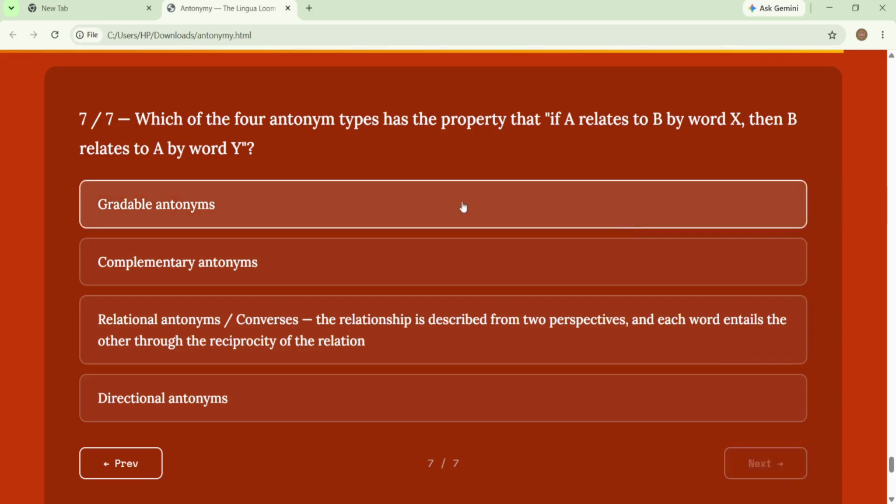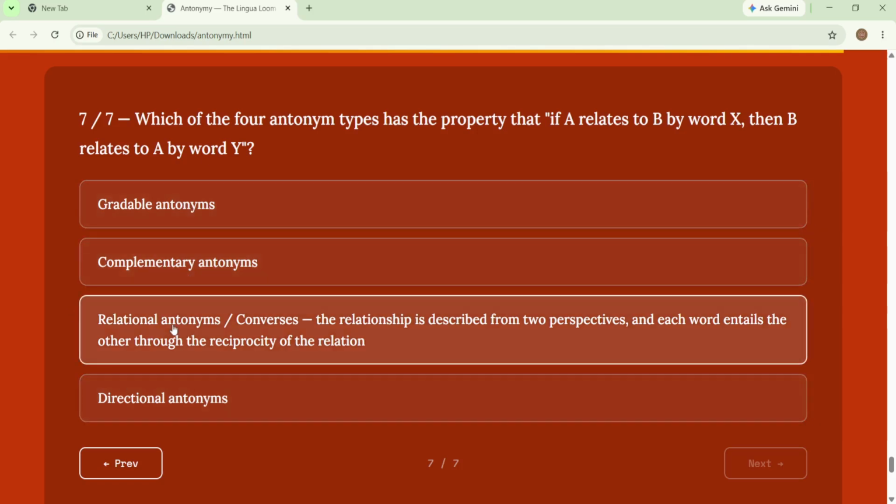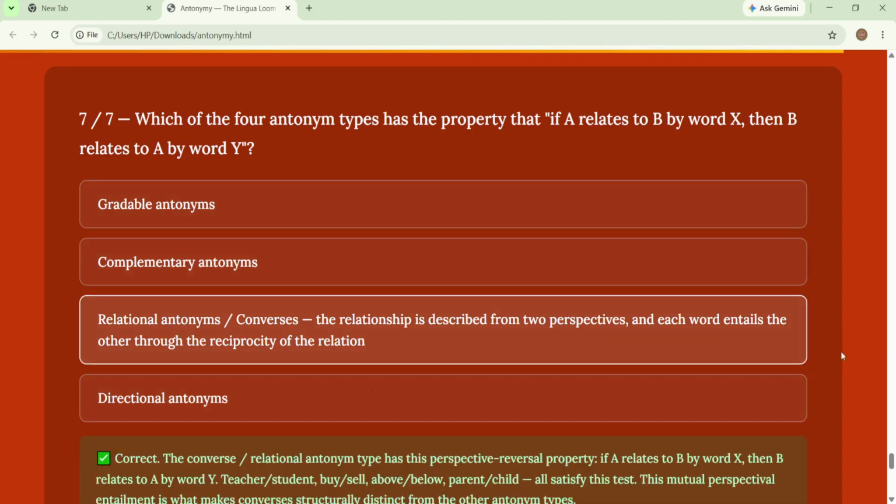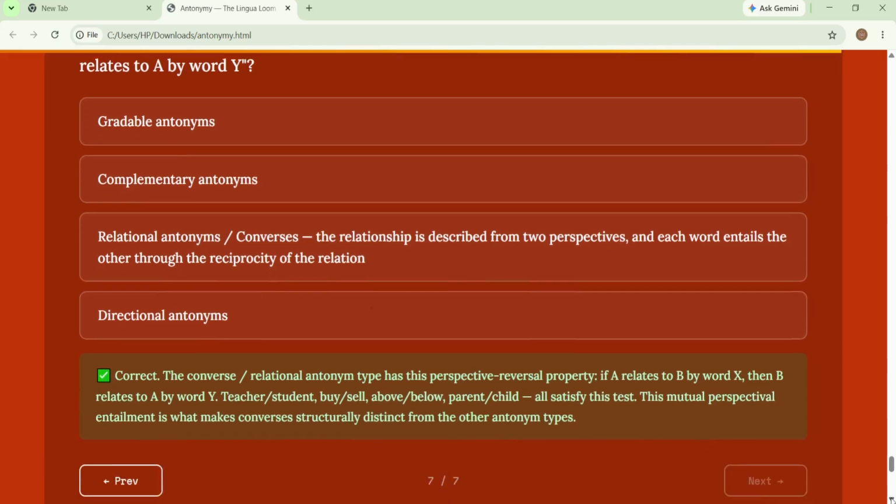So let's look at the seventh. Which of the four antonym types has the property that if A relates to B by word X, then B relates to A by word Y? Gradable, complementary, directional, relational: described by two perspectives. The answer is in the question. Correct.